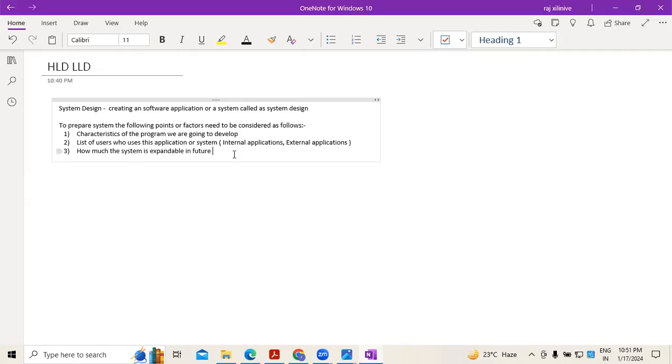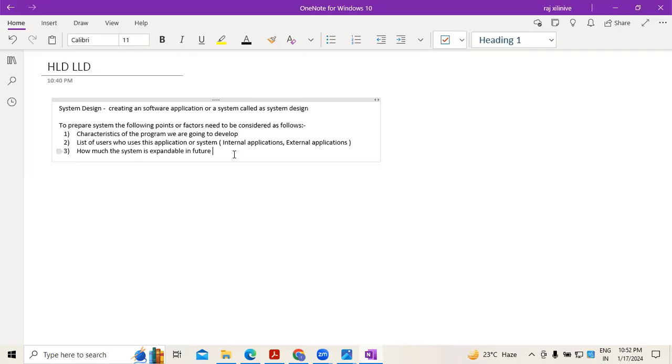So these are the 3 major aspects. If we are designing any system, being in architect roles, we need to understand 3 things before we go for designing, whether it is the high level design or the low level design of the application. First, we must know the characteristics of the application: what is it that we are about to develop?